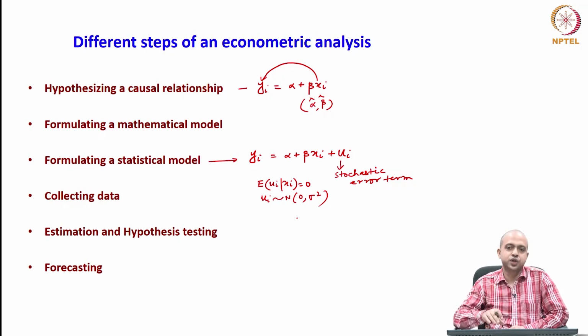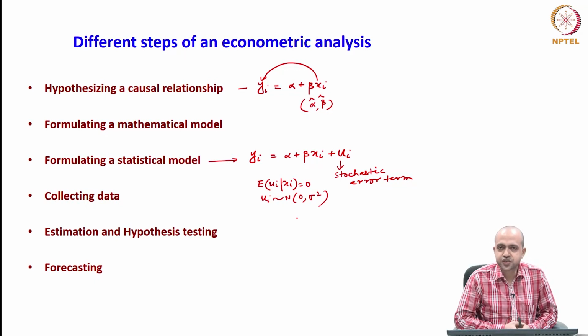We will discuss the importance of normality in a later part of our discussion. For the time being, we just have to keep in mind that the error term captures the influence of omitted variables, and secondly, we know its distribution properties. It follows a normal distribution with 0 mean and sigma square variance.